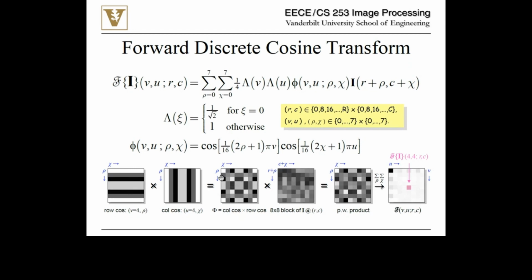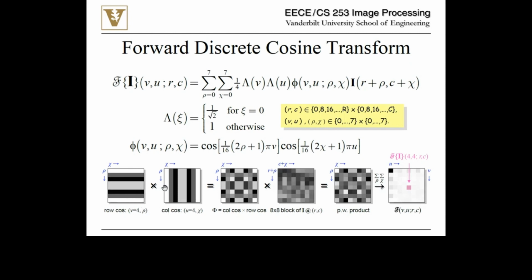So the inner product is multiplying the basis function times the input image. So you multiply the basis function times the input image point by point, and you have to compute the sum over all pixels. So now you compute the sum over all pixels. That gives you a number, and that number you have to put it somewhere. Okay, so what were the u and v indexes that you used?